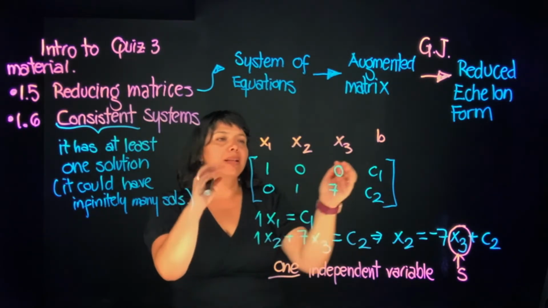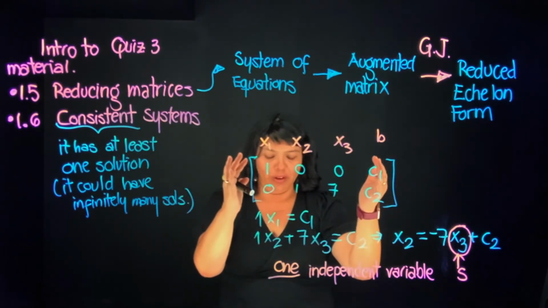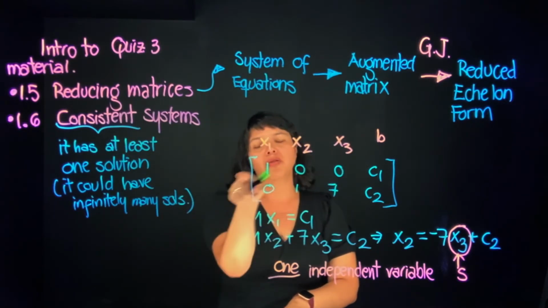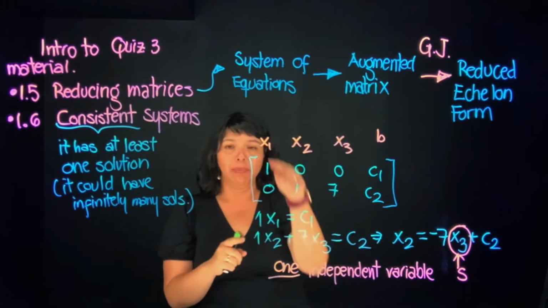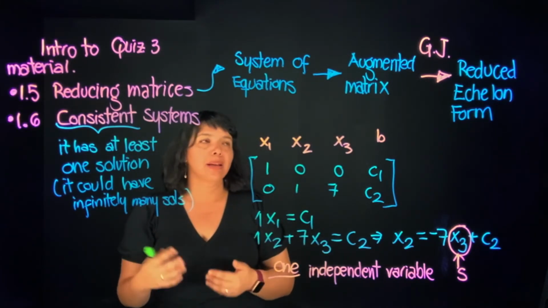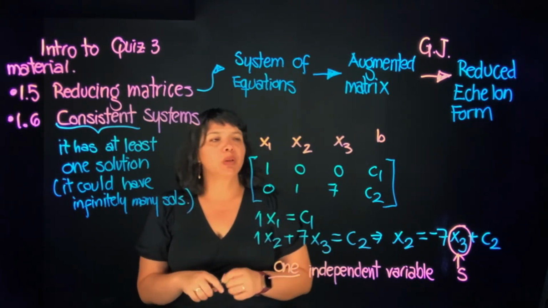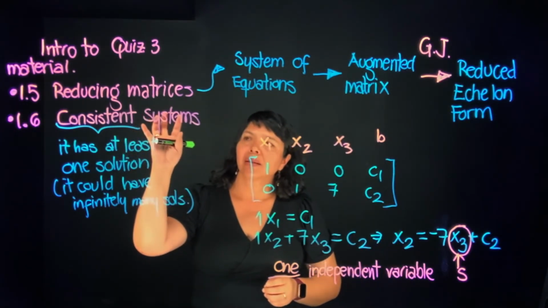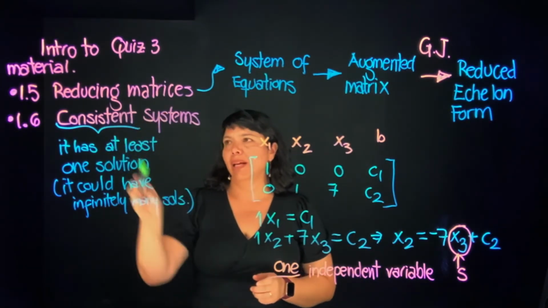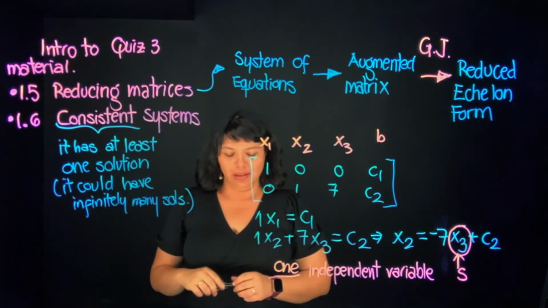So what can you tell me about the reduced echelon form if I have 4 equations, so 4 rows and 3 unknowns? These are the kind of things that, again, you want to review, and the connection between the reduced echelon form and the number of solutions that we have for our consistent systems.